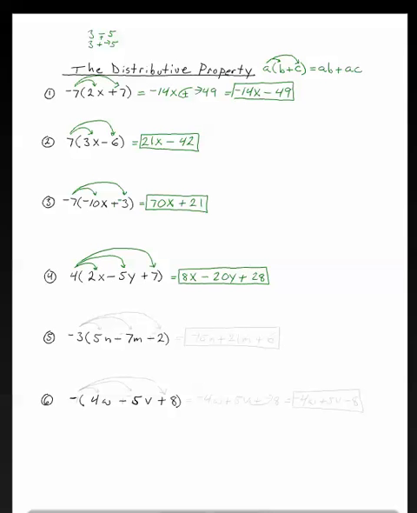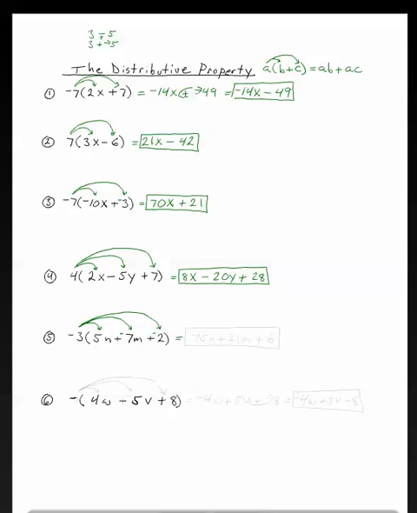For number 5, we are distributing a negative 3. So any subtraction, I will change to addition of the opposite. So minus positive 7m becomes plus negative 7m. Minus a positive 2 becomes plus negative 2. And now I'm going to distribute that negative 3 to each of the 3 terms inside the parentheses.